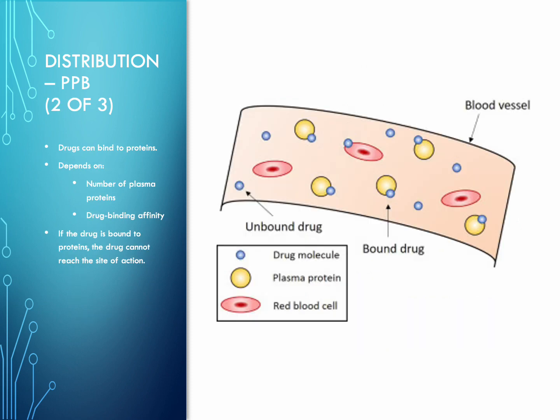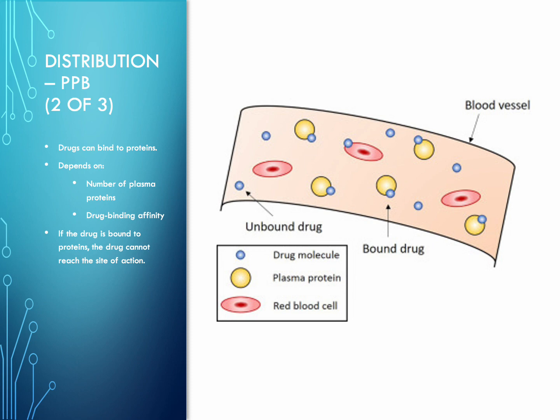Now, I'm telling you this because the proteins play a major role in how the drug affects the binding site, right? So during plasma protein binding, some of the molecules bind to these proteins that are just floating around in the plasma.